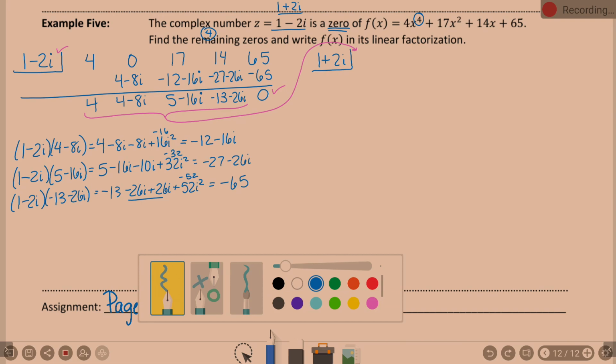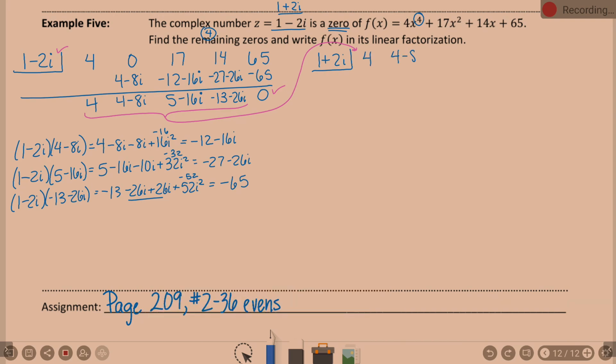So 4 minus 8i, 5 minus 16i, negative 13 minus 26i. You have to do this step. You can't skip it. Okay? Drop the 4, 4 minus 8i.